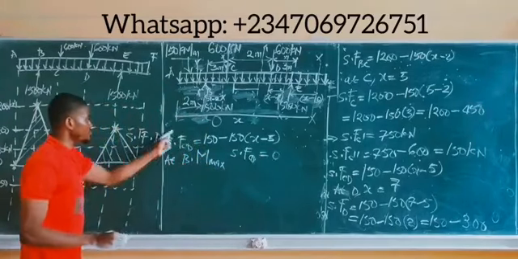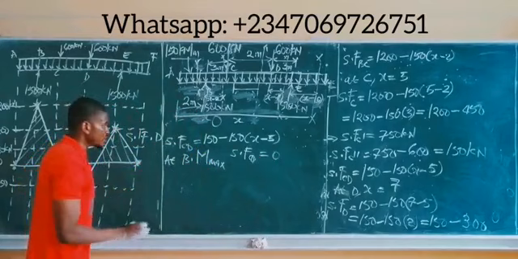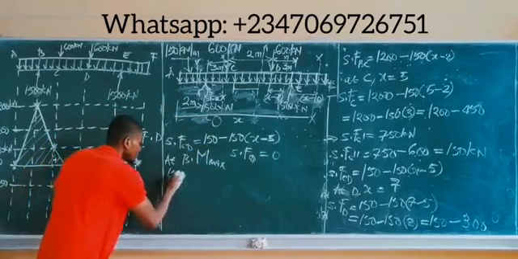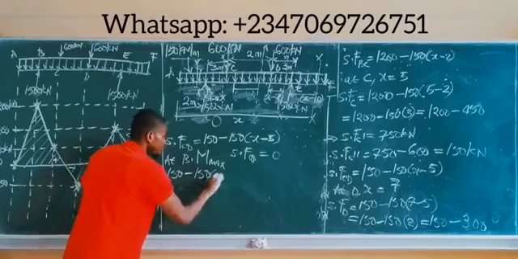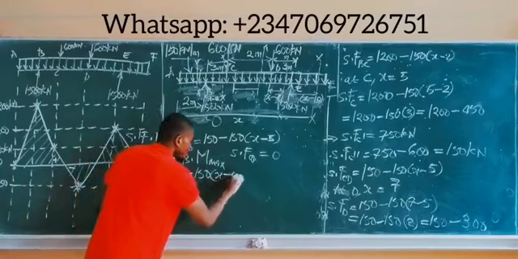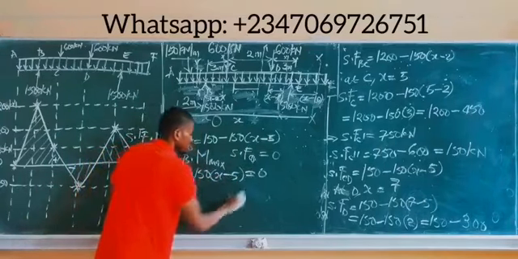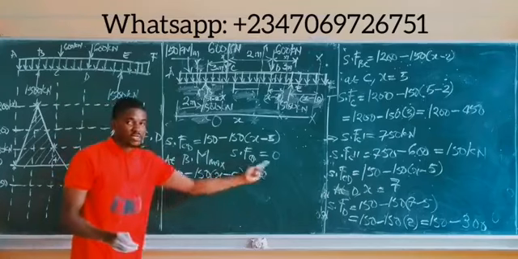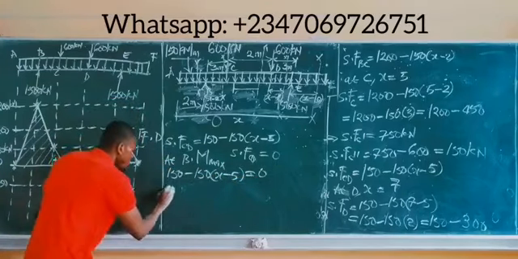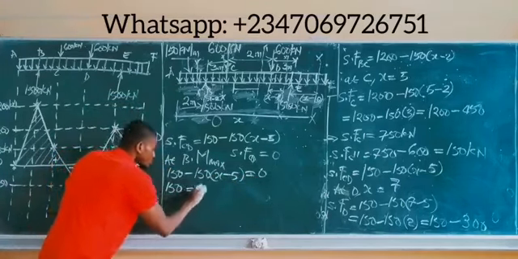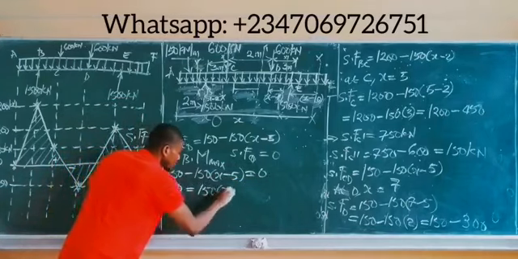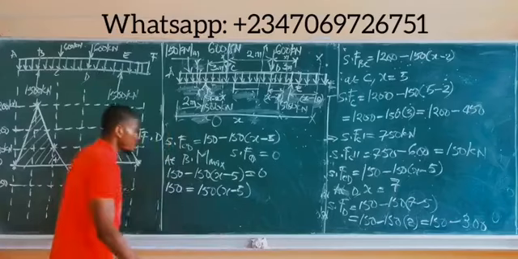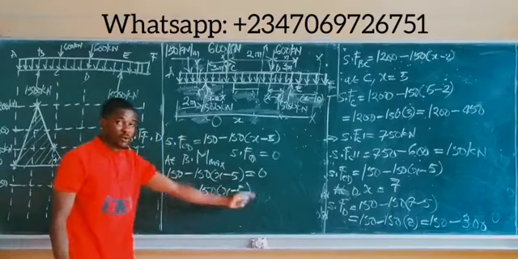So in place of this, we simply replace 0. That simply means 150 minus 150 into x minus 5 equals 0. So let's send minus 150 into x minus 5 over to the other side of the equation. We now have 150 equals 150 into x minus 5.